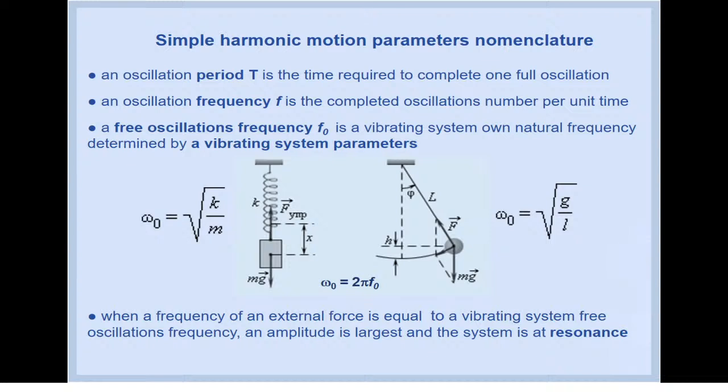An oscillation period is the time required to complete one full oscillation. An oscillation frequency, as was said already, is the number of completed oscillations per unit time. And now please pay your attention to this. That is of very great importance.